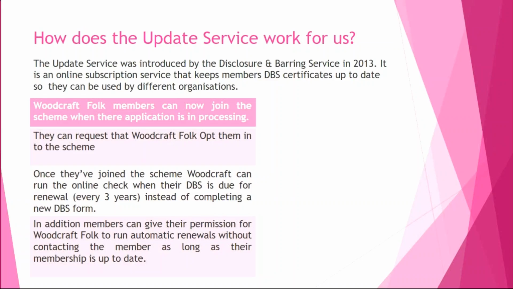Members can opt in via their membership form or by ticking the relevant boxes on their online renewal. Opting into the update service means that when a member's DBS is due for renewal, which is every 3 years, we can run the online check with their permission instead of requesting they complete a new DBS application. Members can give their permission for this check to be automatic if they wish via the opt-in form.